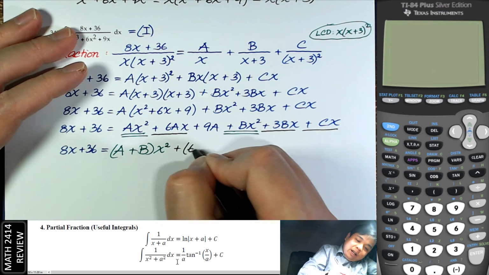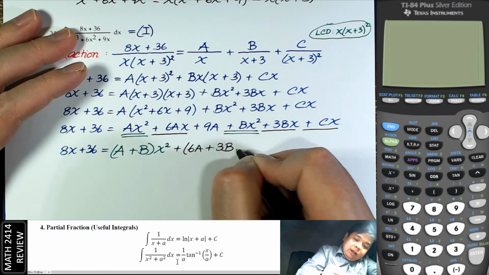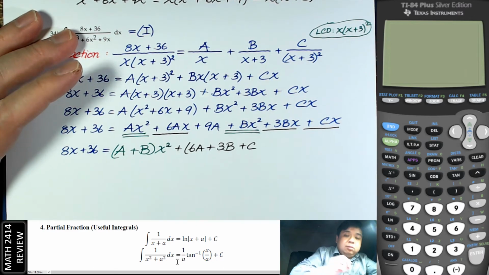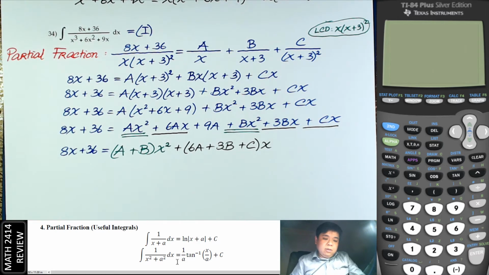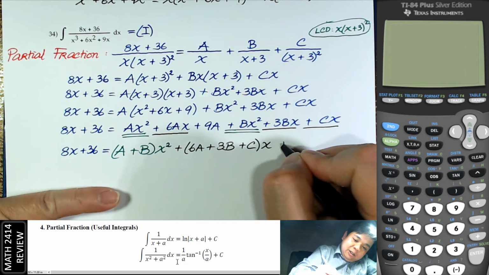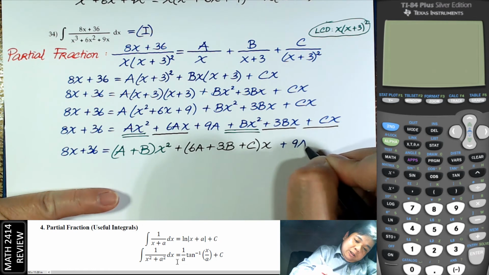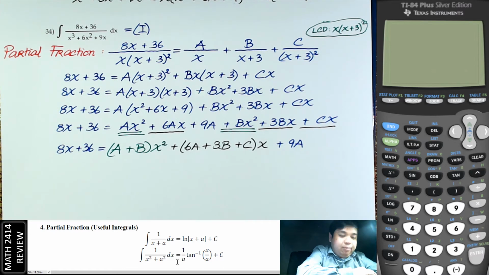Again, factor out x, 6a, 3b, and c. And what's left is just 9a. Right, so that's what we have.